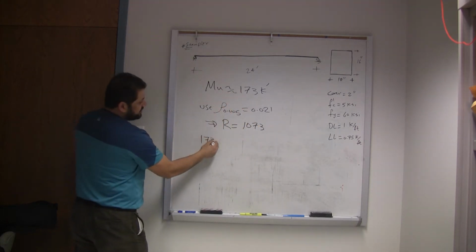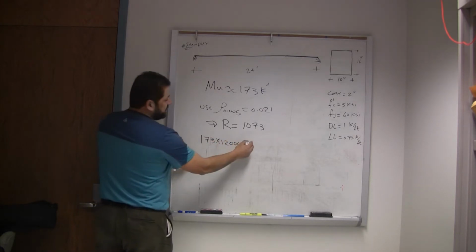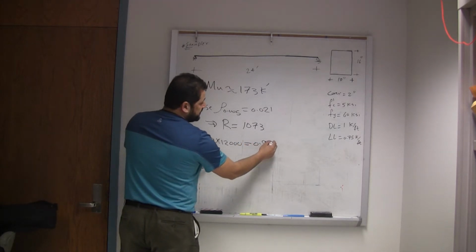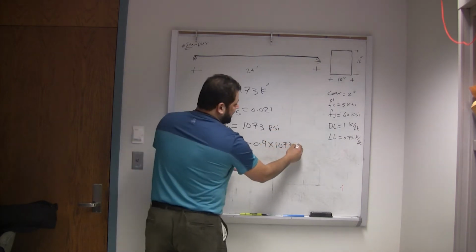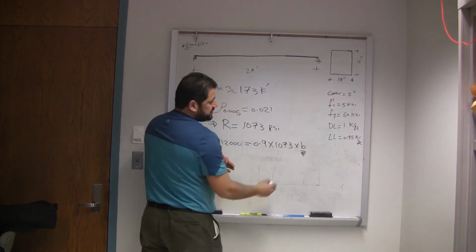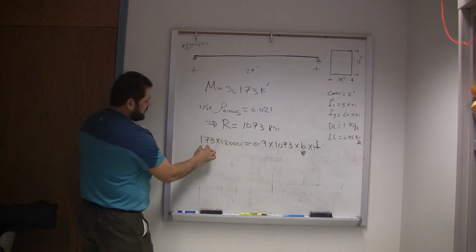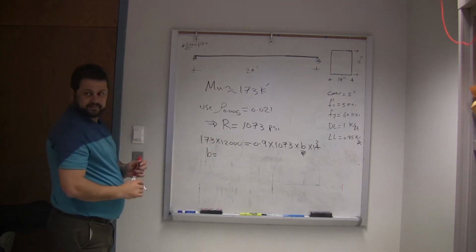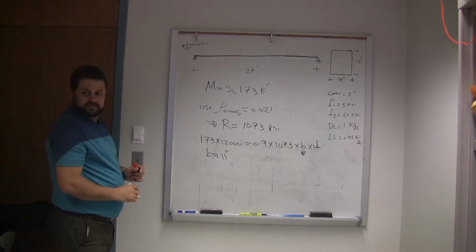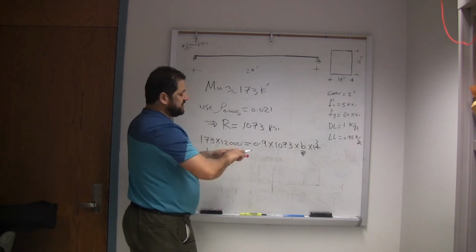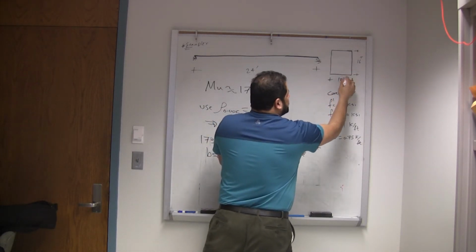So 173 times 12,000 to change it to inch-pound equal the phi factor 0.9 times R, which is in psi from the table, times B, which is what we want, times 14 squared, because this is fixed. So for this to occur, B must be 10.96, almost 11 inch. I need at least 11 inch. So that's our section. We will change this one to 11 inch. If you want to go with 12, that's fine, but let's change it to 11 inch.